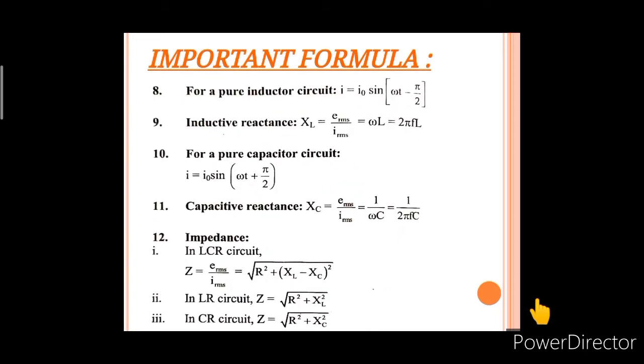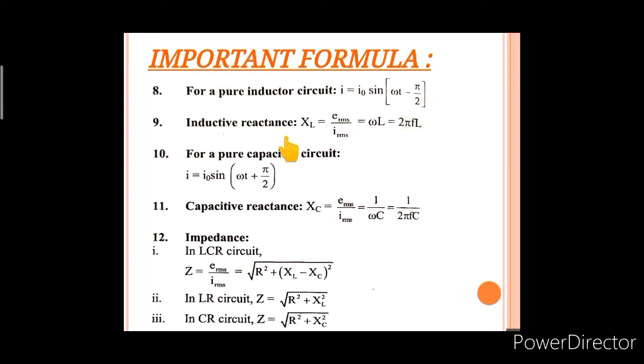The next formula we can give is for a purely inductive circuit. For a pure inductor circuit, the current is given as I0 sin(omega t minus pi by 2).